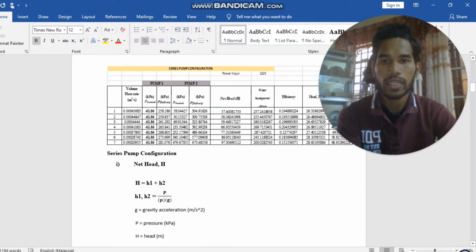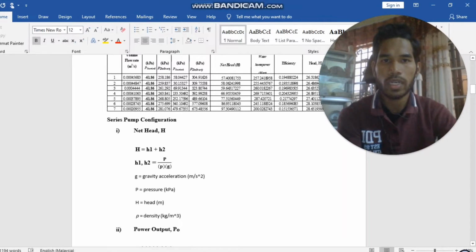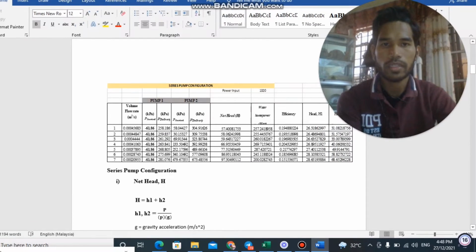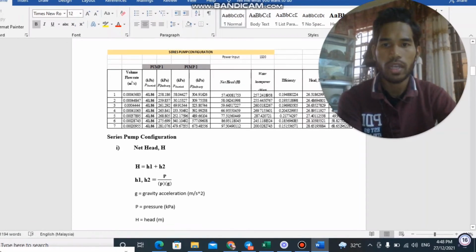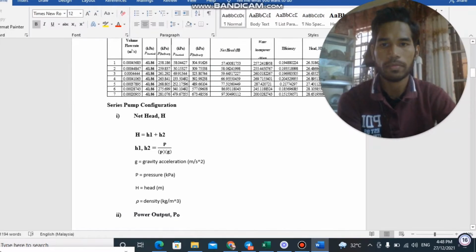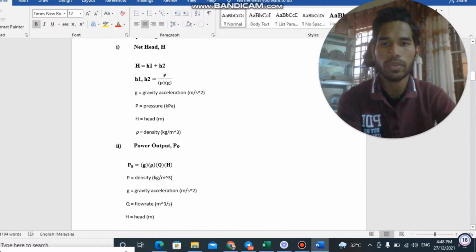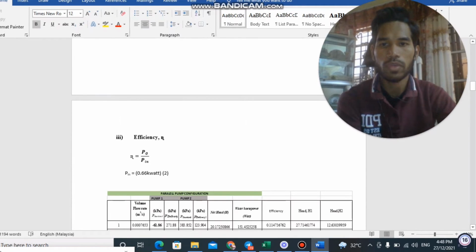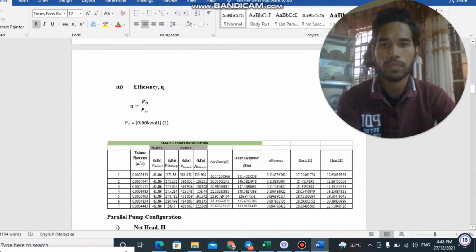For the net head calculation, we must calculate the H1 head and H2 head, and then for the net head, we must add H1 plus H2. We get the net head. And then this is a formula for the power output, and then this is a formula for the efficiency. For the series pump, we must multiply P in by 2.